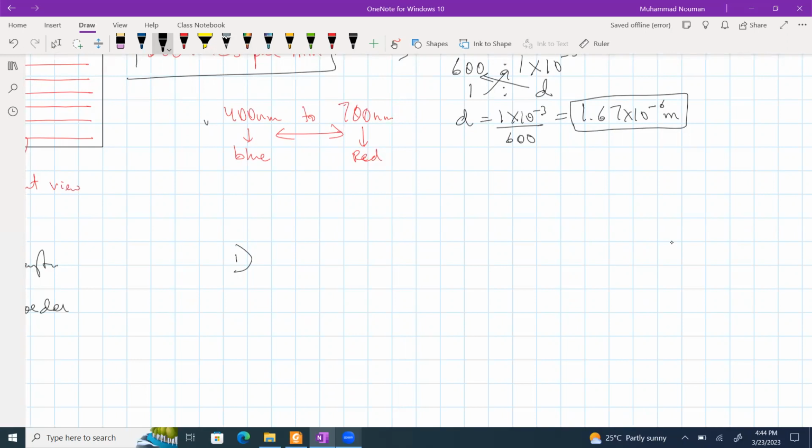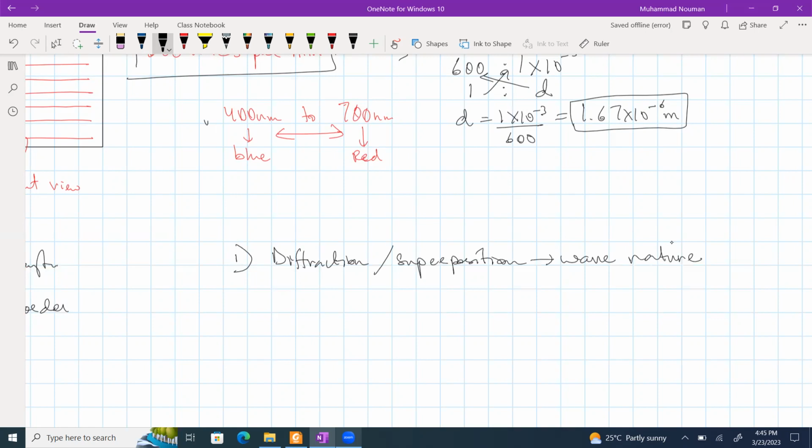So because diffraction and superposition, meaning interference, are both properties of waves, the diffraction through a diffraction grating indicates that light has a wave nature instead of particle nature.